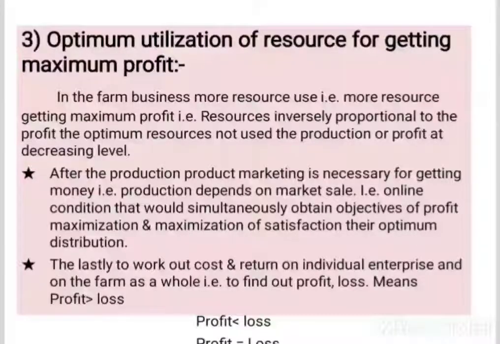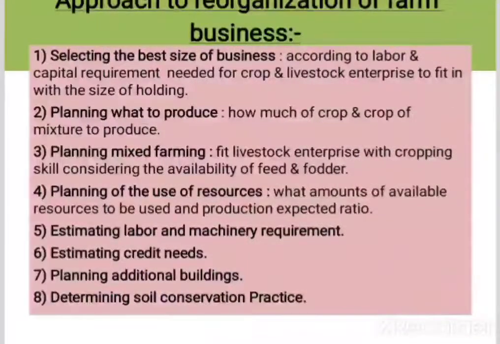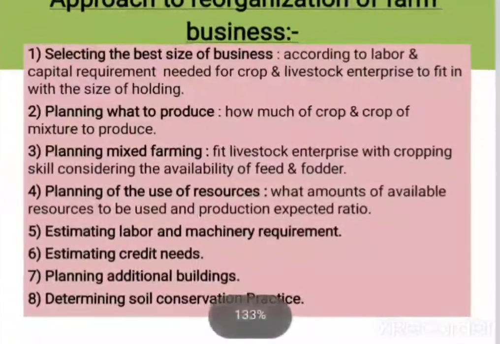Finally, has to find a way by which there will be maximum profit by optimum utilization of the resources. Okay, so these are the 3 points to be remembered so that appraisal of the farm plan can happen. Now we will see what are the approaches to reorganization of a farm business.